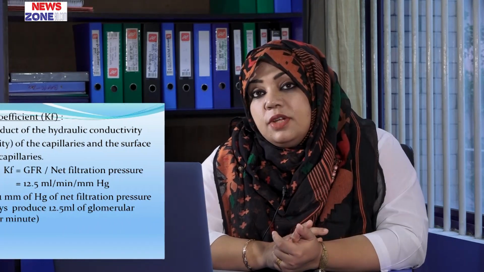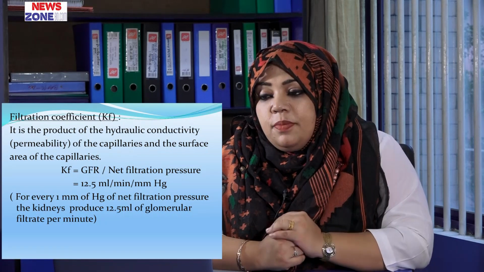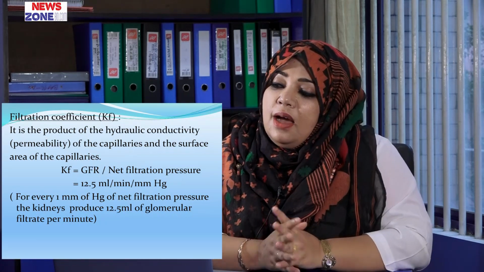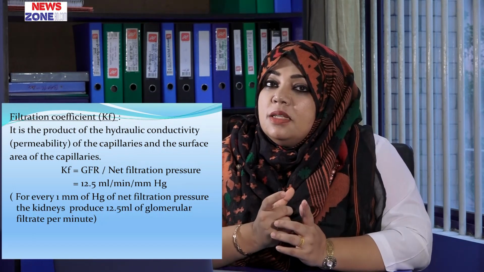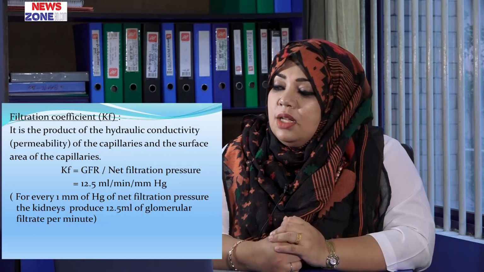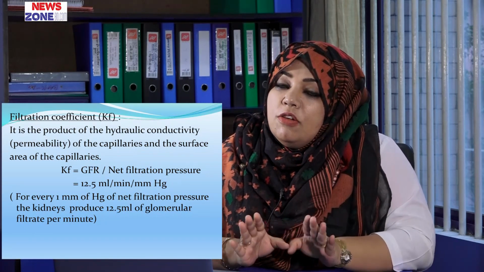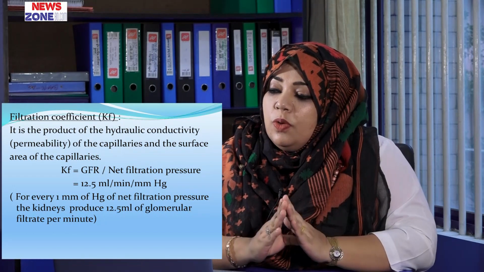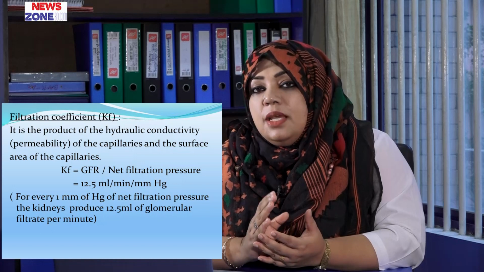Another term that we have to know about is filtration coefficient, which is expressed by Kf. It is the product of the hydraulic conductivity of the capillaries and the surface area of the capillaries. As I have said, hydraulic conductivity means permeability.